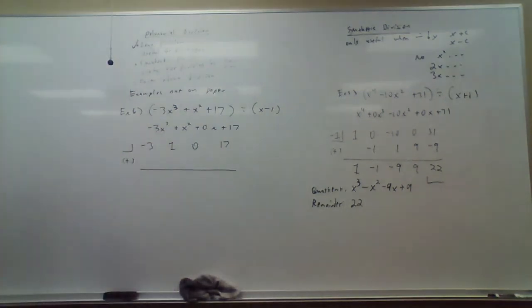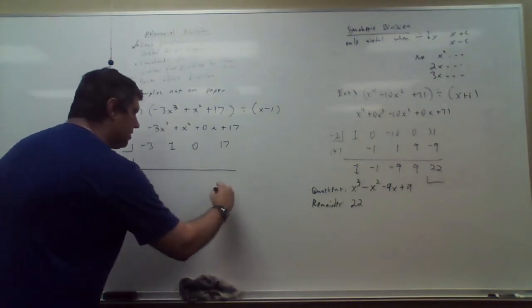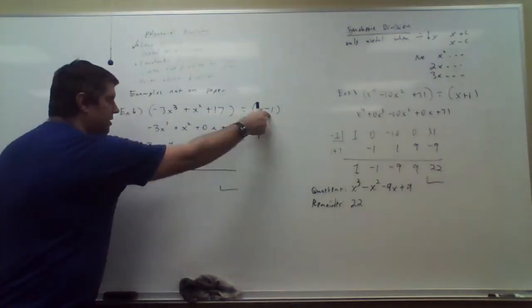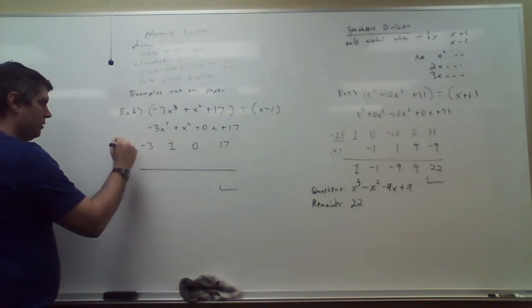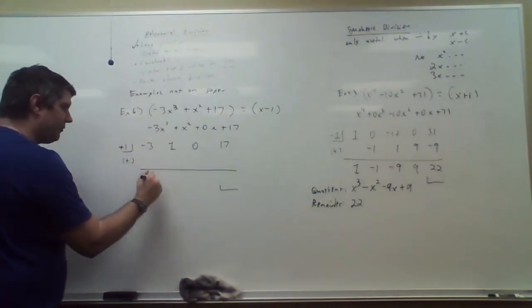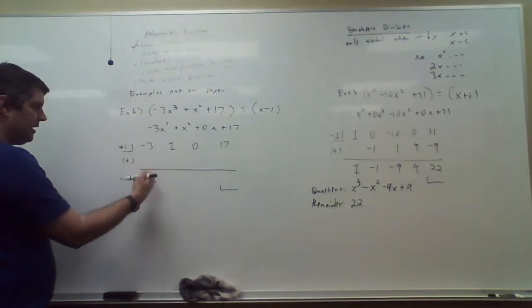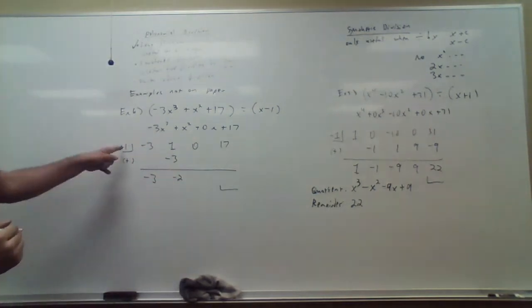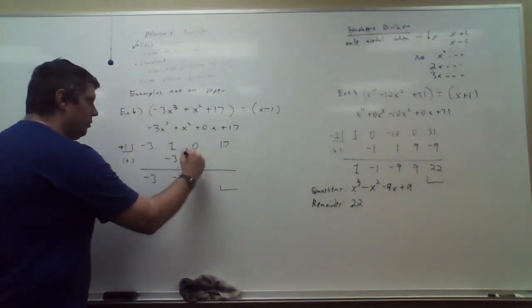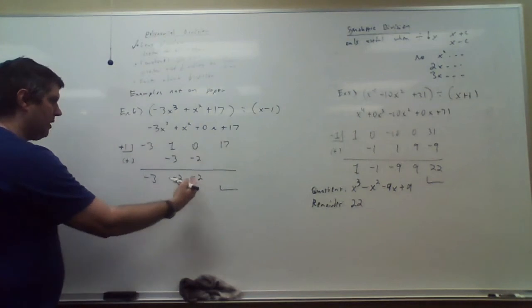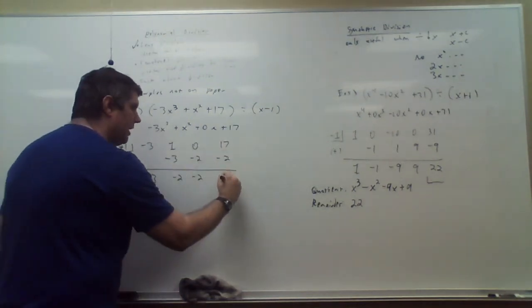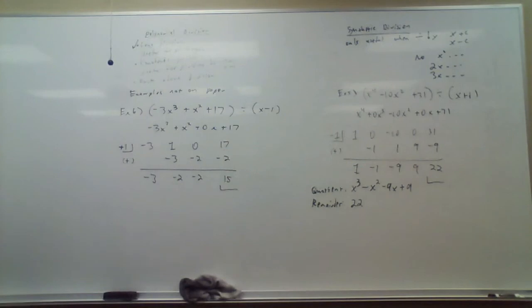Okay? I'm going to put a portion of a box under here. The opposite of minus 1 is plus 1. So, bring down the negative 3. Negative 3 times 1 is negative 3. You get negative 2. 1 times negative 2 is negative 2. Add them up, you get negative 2. 1 times negative 2 is minus 2. That's 15. Okay?